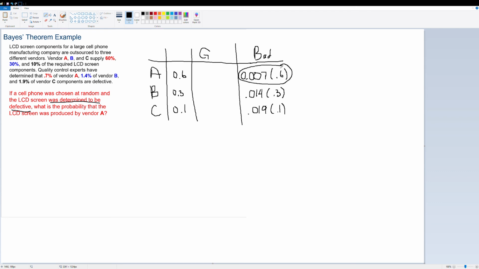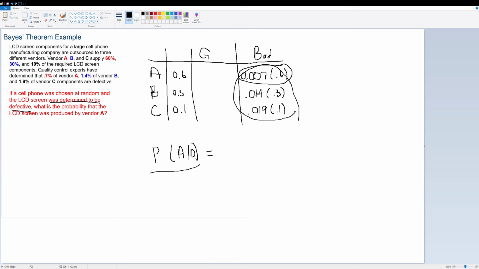Like with probability, anytime you calculate probability, it's the event you want out of the total. So here's the event I want out of the total here. So there's my equation. The probability that it came from vendor A, given that it was defective, so in my parentheses, probability that it came from vendor A, given that it's defective, that's what this bar is here, is equal to, and this right here is not all that important.